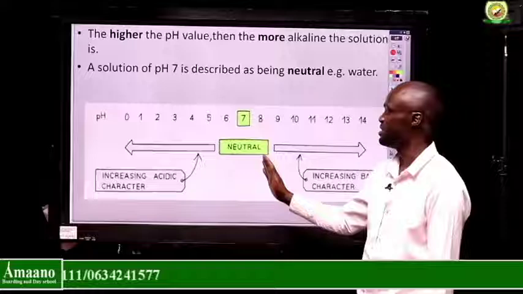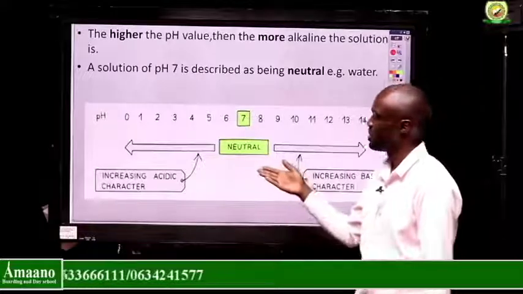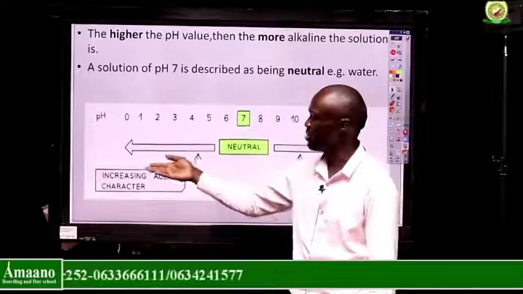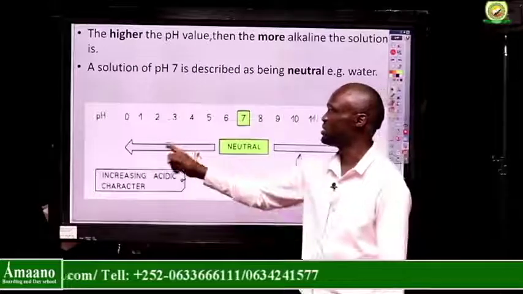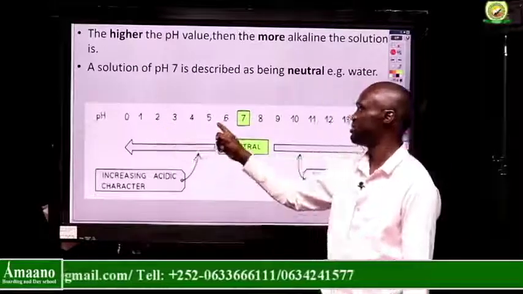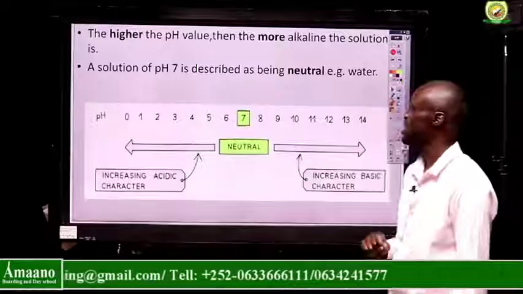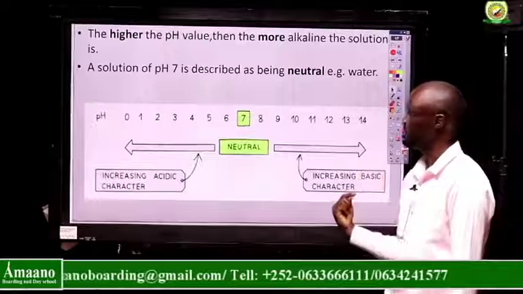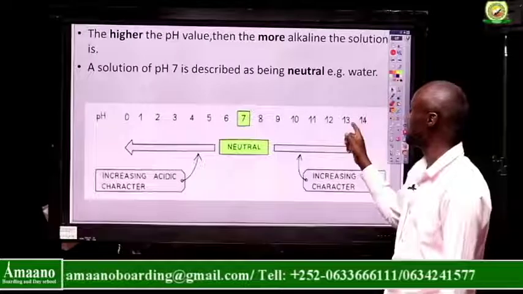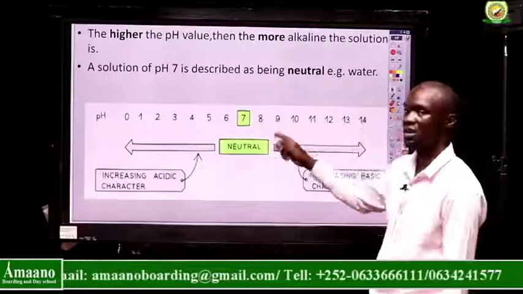And I said 7 is the pH for water, neutral. You can see as the number becomes smaller, the more acidic the substance is. Meaning that a substance with pH 1 is more acidic than a substance with pH 6. And then for alkaline, as the pH value increases, the more alkaline the substance is. Meaning that pH 13 is more alkaline than 9.